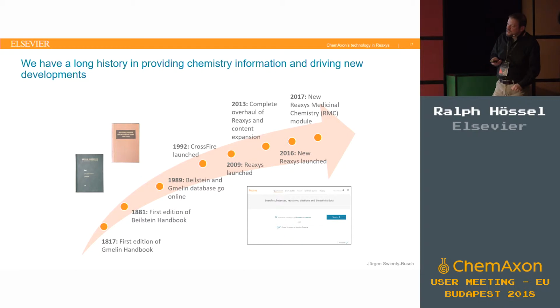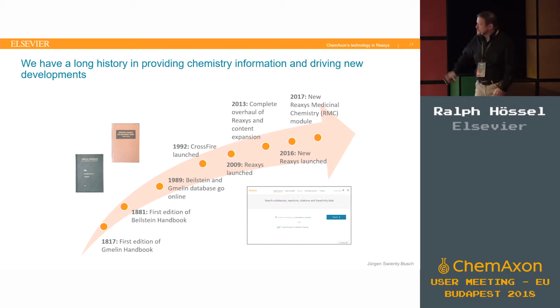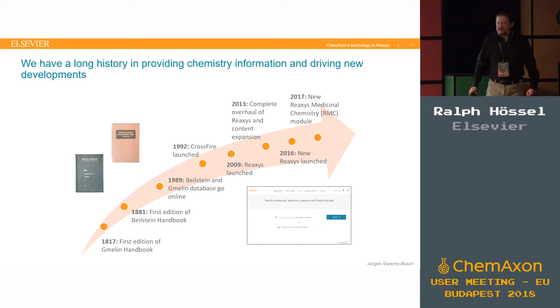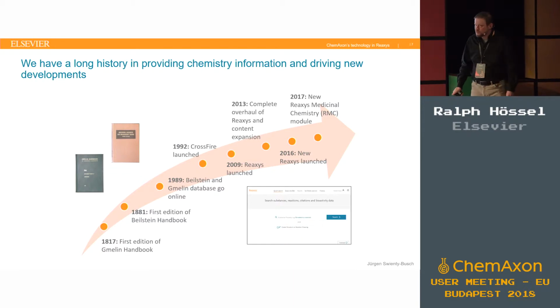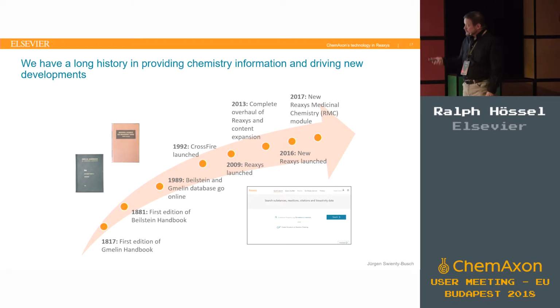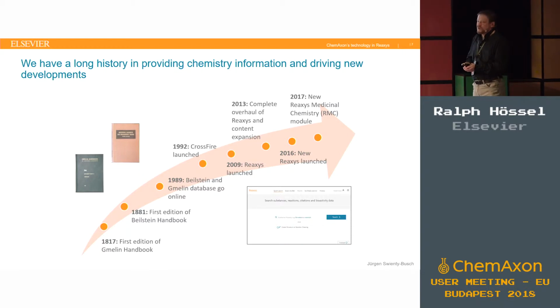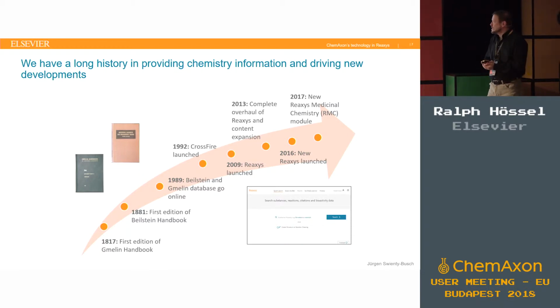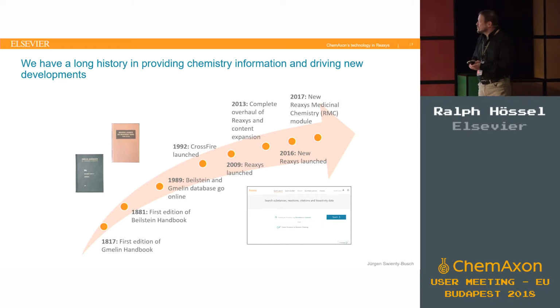Actually, everything started already in the 19th century with the first edition of the Gmelin Handbook, which is about inorganic chemistry. Still in the 19th century, the first edition of the Beilstein Handbook was published. Then last century, in 1989, Beilstein and Gmelin for the first time go online. In 1992, Crossfire was launched. Perhaps some of you still know about Crossfire.